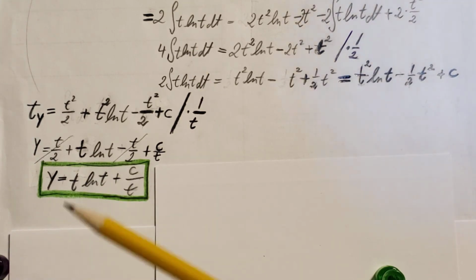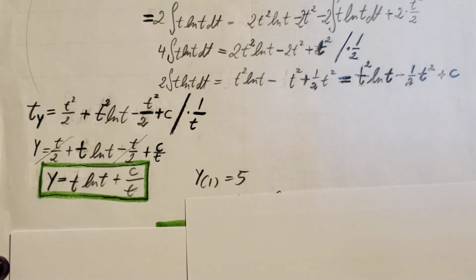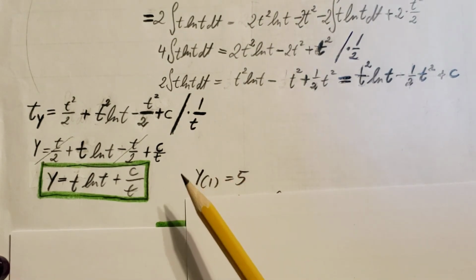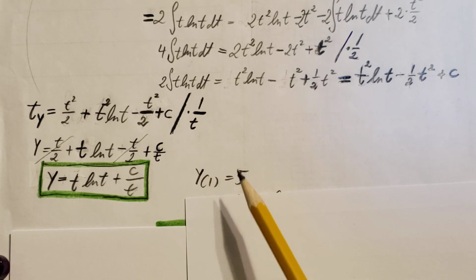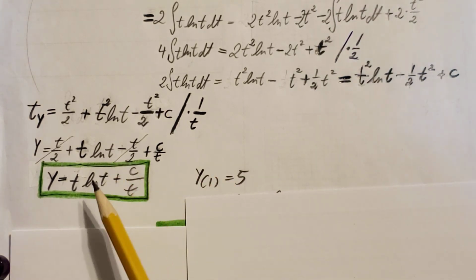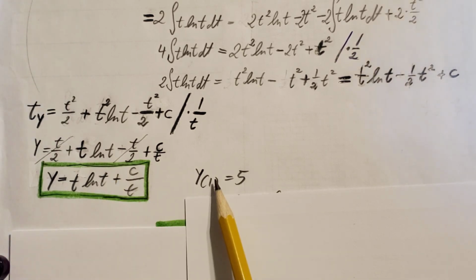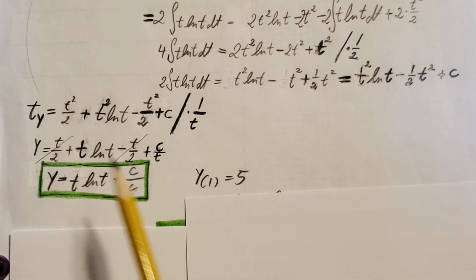Now sometimes the problem comes with a situation where it's inside of an IVP, initial value problem. So let's say, just in case, we also had been given that y(1) equals 5, then we could go ahead and plug into this equation. Everywhere we see a t, we'll put a 1, and instead of the y, we'll put a 5.